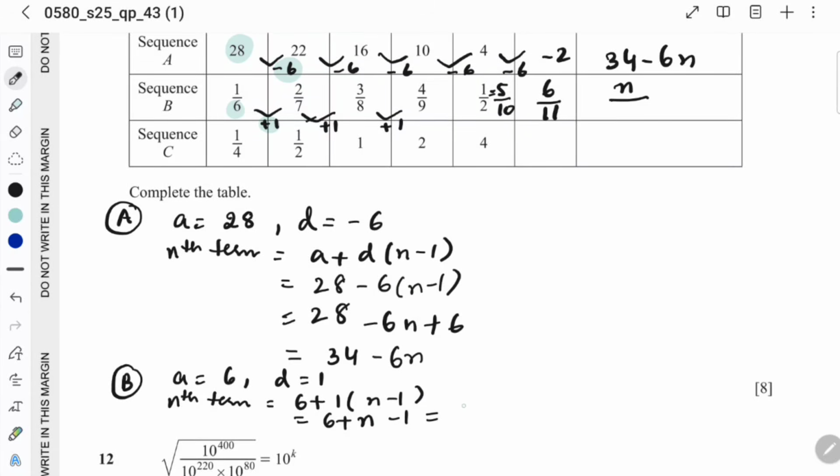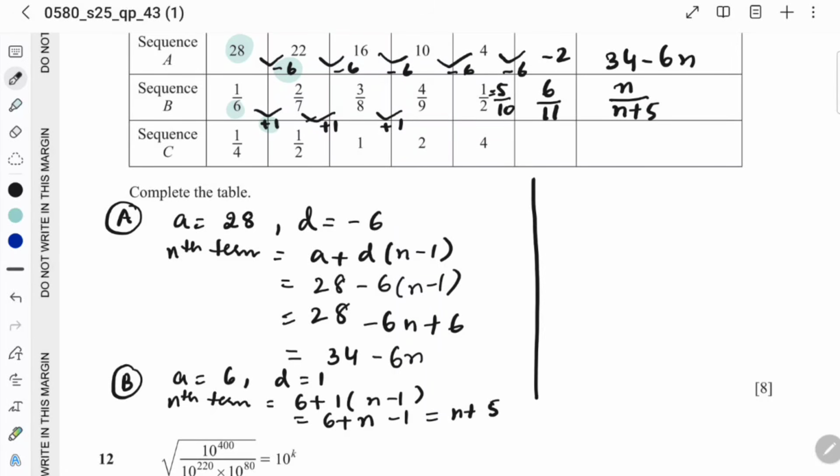And then 6 minus 1 will become 5, n plus 5. Just check, 1 plus 5 is 6, 2 plus 5 is 7, and then so on. So that is n upon n plus 5.